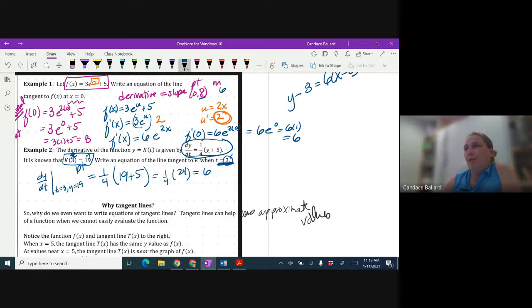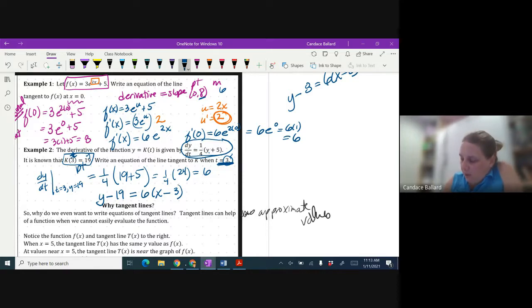Okay. All right, let's write the equation of the tangent line. So y minus my y value 19 equals my slope 6 times x. And I'm still going to write it as x, even though it was t, because we're technically writing the equation of a line, minus the t value, or the x value, which was 3.